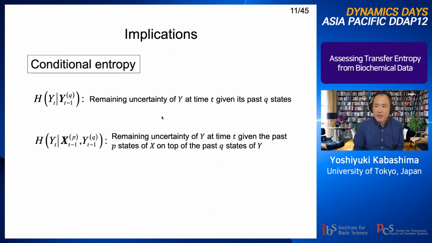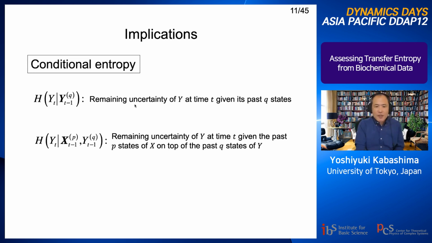So, implications. Transfer entropy is defined by the difference between two conditional entropies. The first term is H(Y_t | Y_{t-1}^Q).